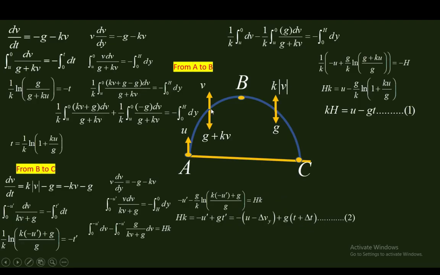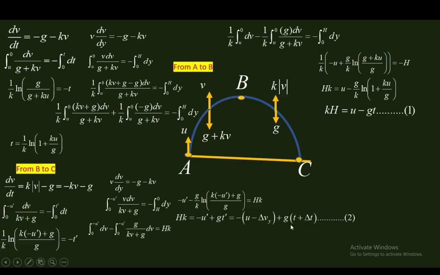Now during upward journey, both accelerations are downward, therefore they will reduce this upward velocity very fast. While going downward, net downward acceleration is now smaller because it is effectively g minus k mod v. So a smaller downward acceleration will build this downward velocity slowly.